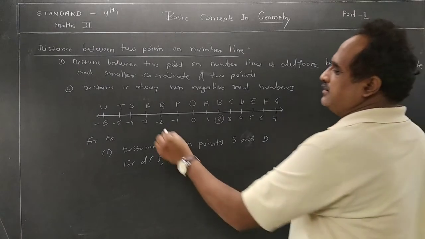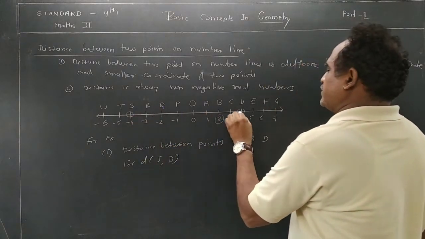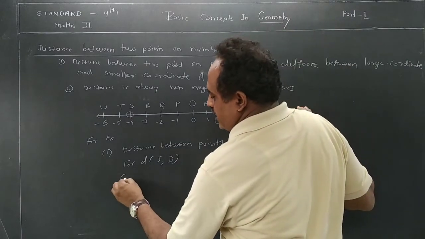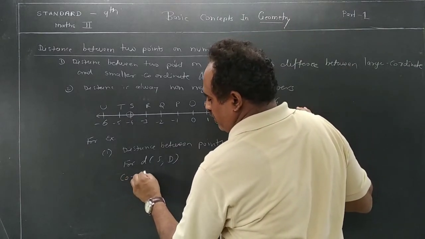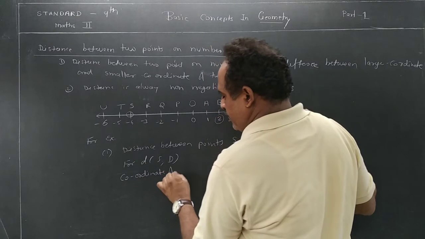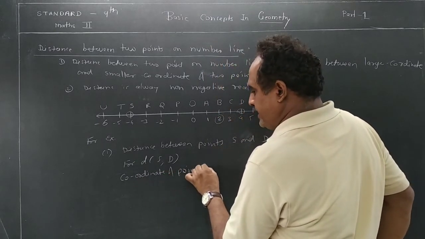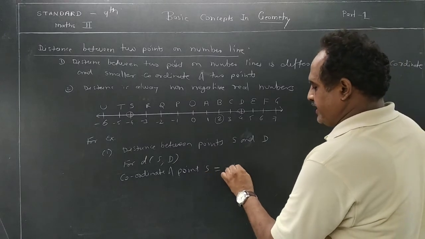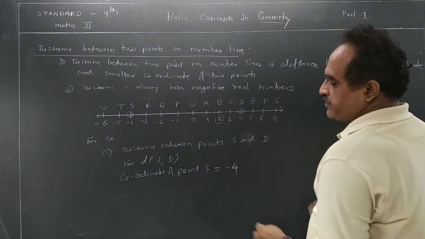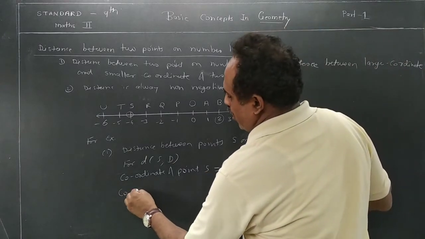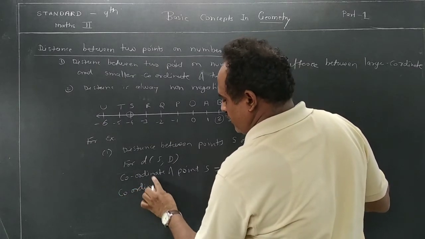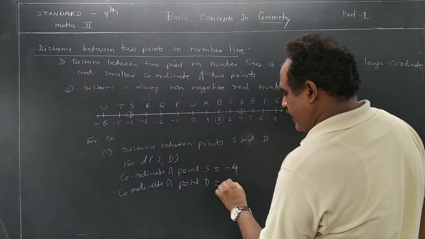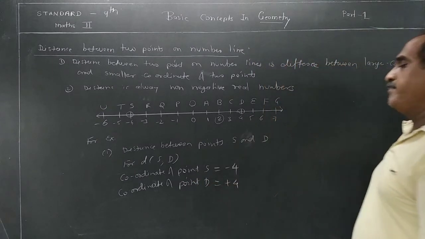S is over here and D is over here. Is it right? So what are you going to write? Coordinate of point S is -4 and coordinate of point D is +4.